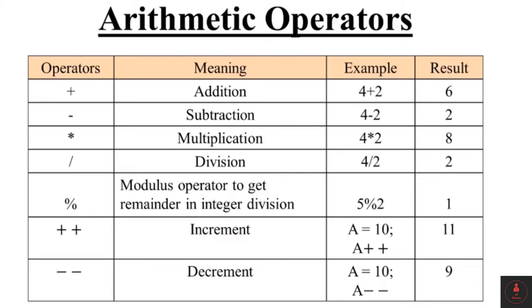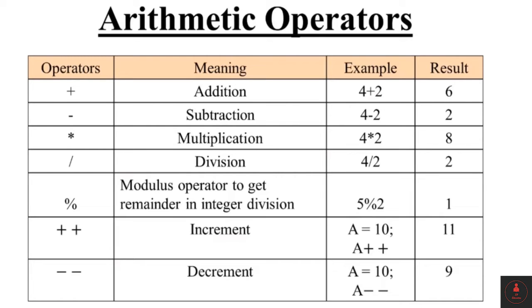The quotient will be 2 and the remainder will be 1. So the division operator will take the quotient part, while the modulus symbol will take the remainder part. Both are related to division only. One deals with the quotient and the other deals with the remainder.